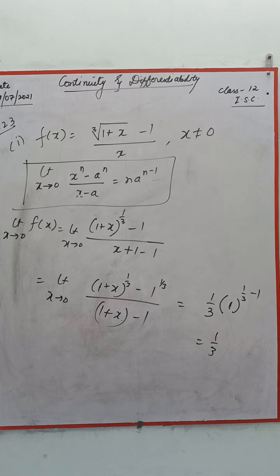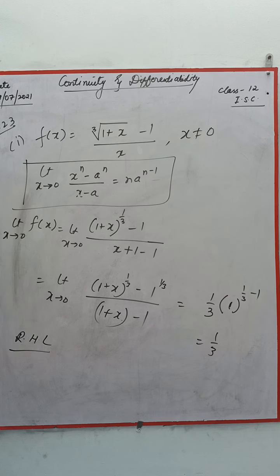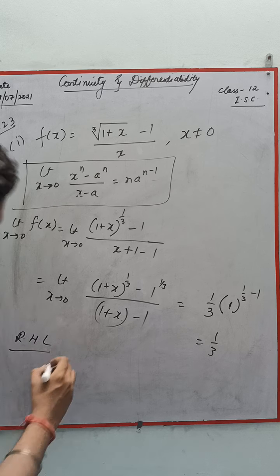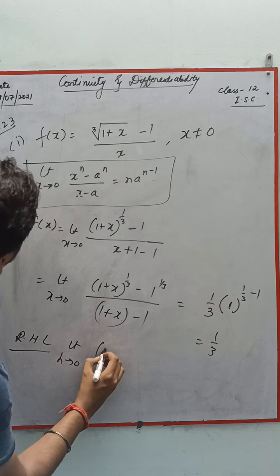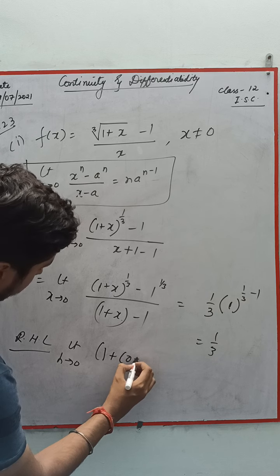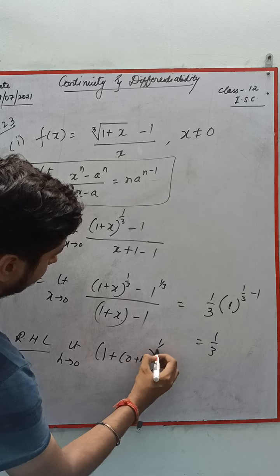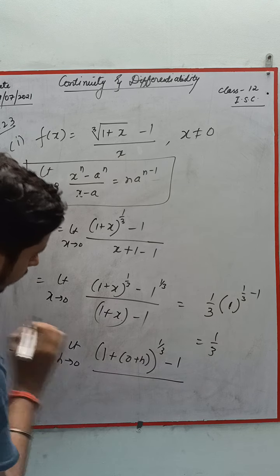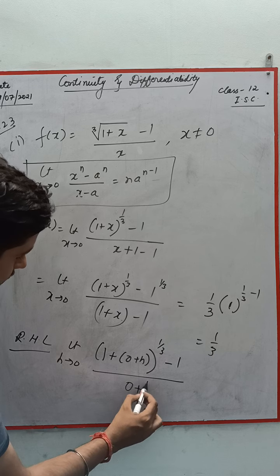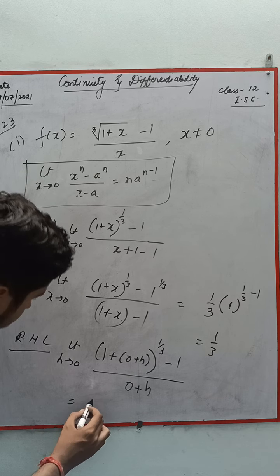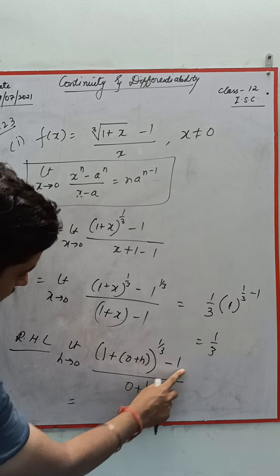Now for the RHL case and LHL case, I'll just explain for the RHL. RHL directly, h tends to 0, 1 plus 0 plus h to the power 1 upon 3 minus 1 upon 0 plus h. So we will get (1 plus h) to the power 1 by 3 minus 1 upon h.